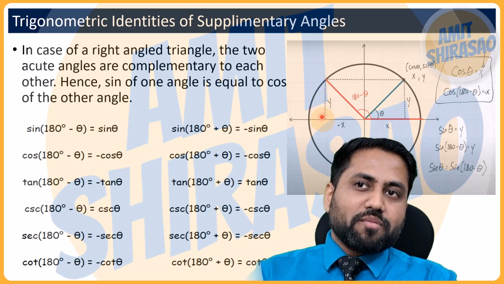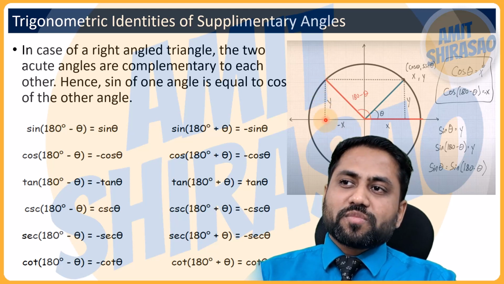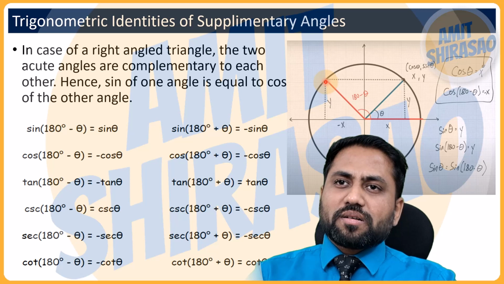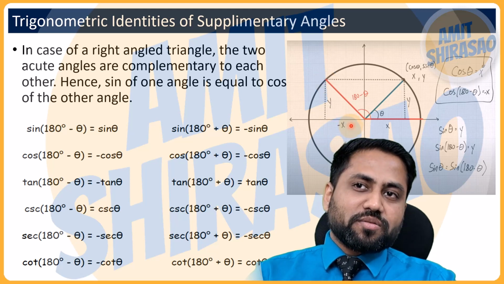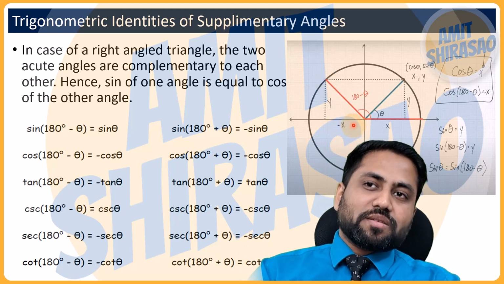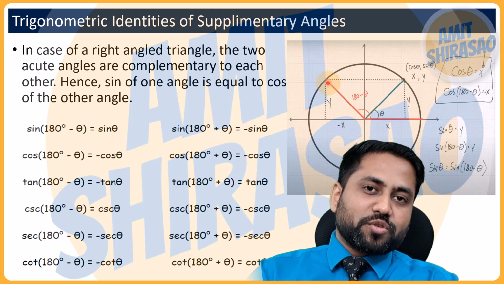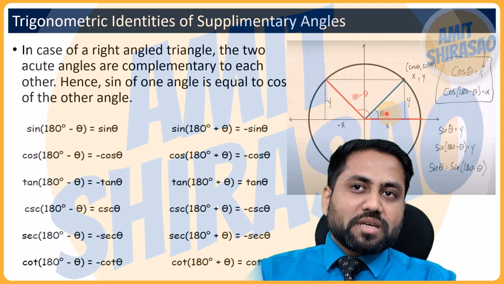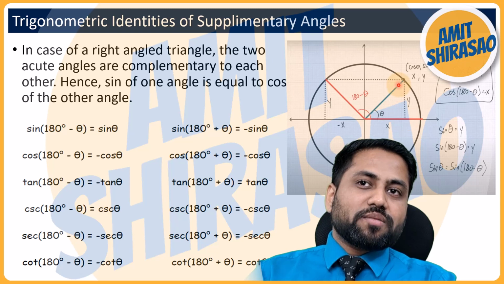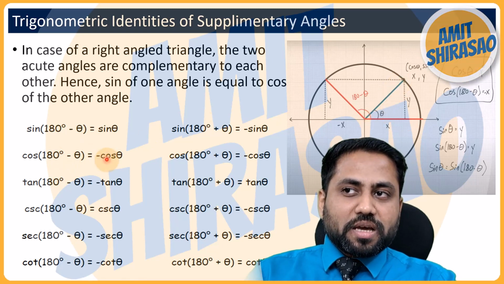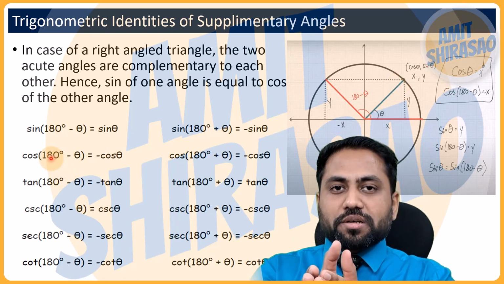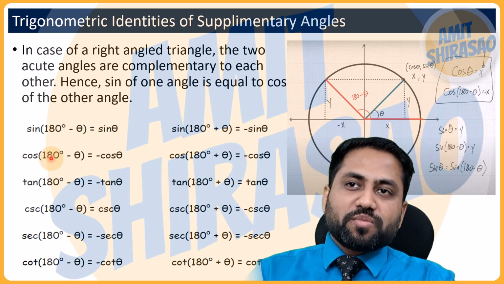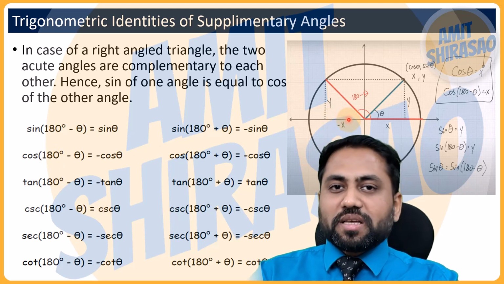sorry, adjacent will be x, but it is minus x divided by whatever is the hypotenuse. Okay, cos of this guy would be x divided by hypotenuse. So they are equal in measure, but they are negative. Why? Because this x is actually minus x.